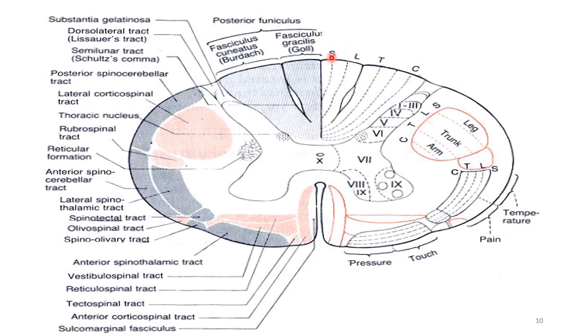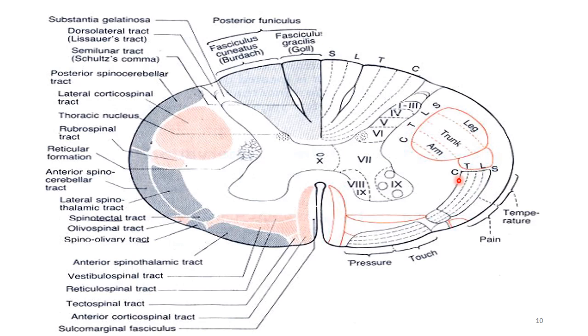It means the medialmost is the sacral, then lumbar, then thoracic, and then cervical. So it represents spatial orientation, and this orientation is maintained throughout its path up to the cerebral cortex.